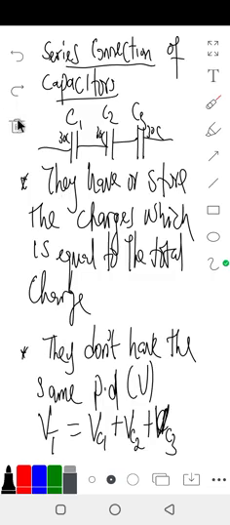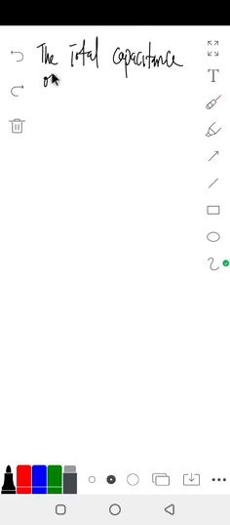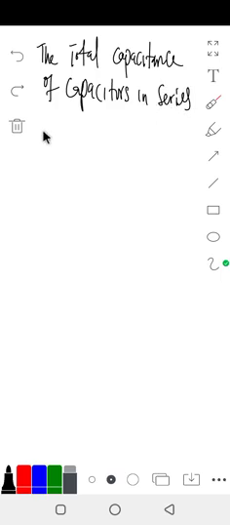Then for you to calculate the effective, the total capacitance of capacitors in series, the formula is 1 over C total.